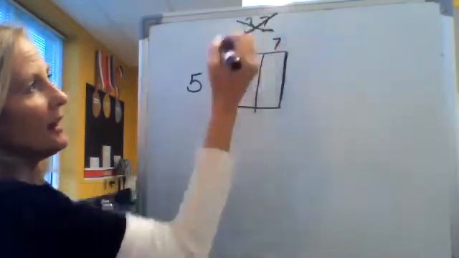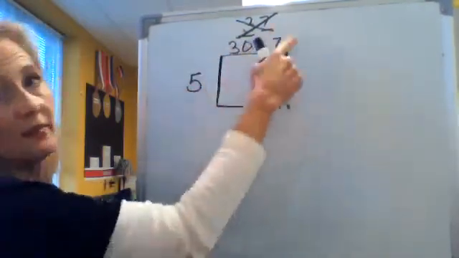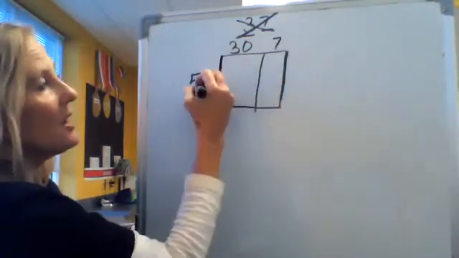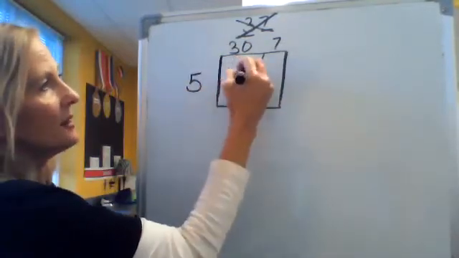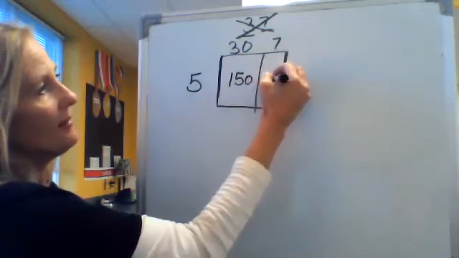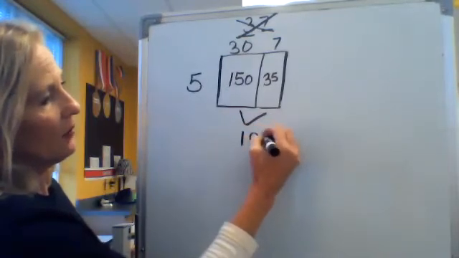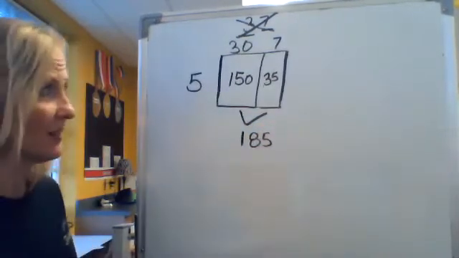So instead of having to think about 5 times 37, I can think of 5 groups of 30 and then 5 groups of 7. So 5 times 30 is 150. 5 times 7 is 35. I'll add those partial answers together, and I'll get 185 as my final answer.